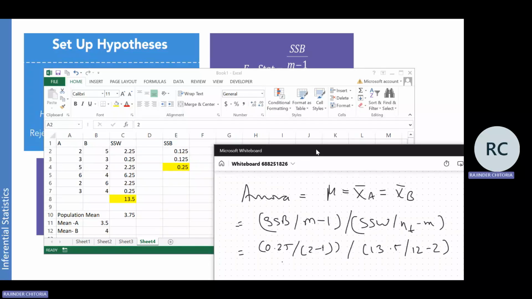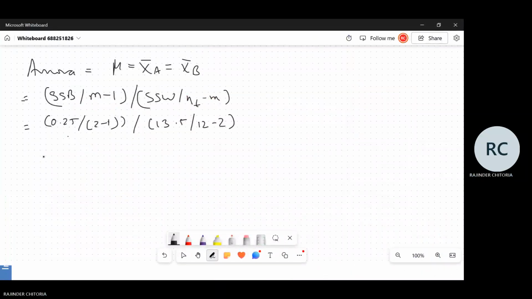Let's solve this formula. 0.25 divided by 1 is the same, no change. Then 13.5 divided by 10.